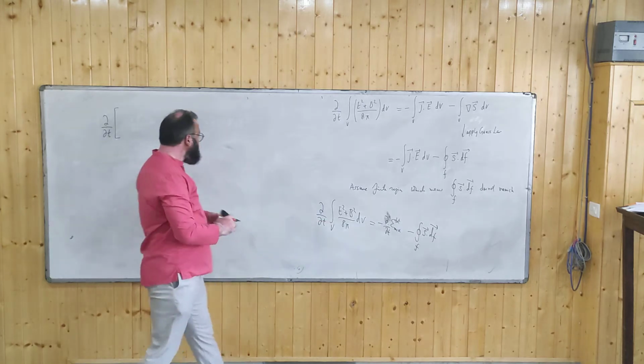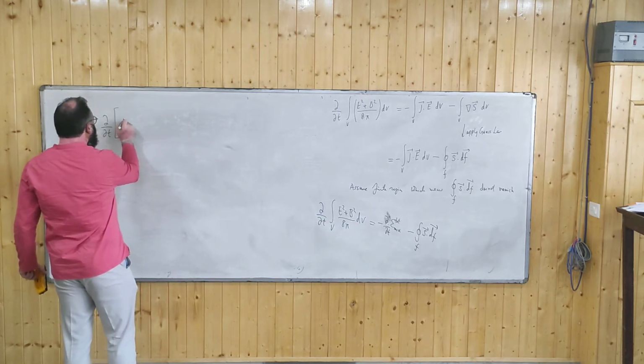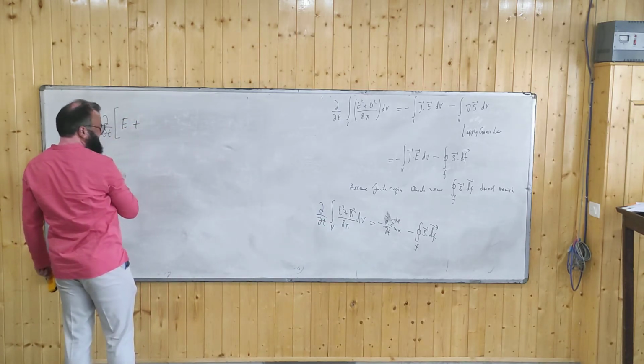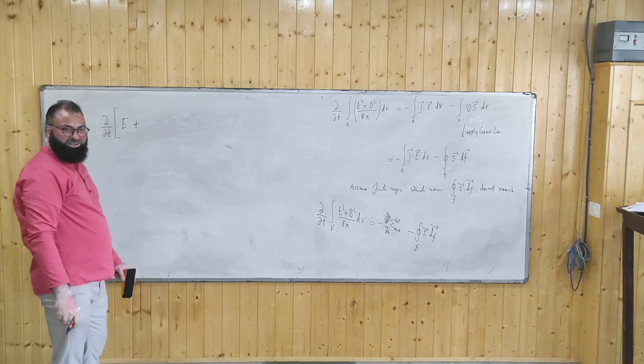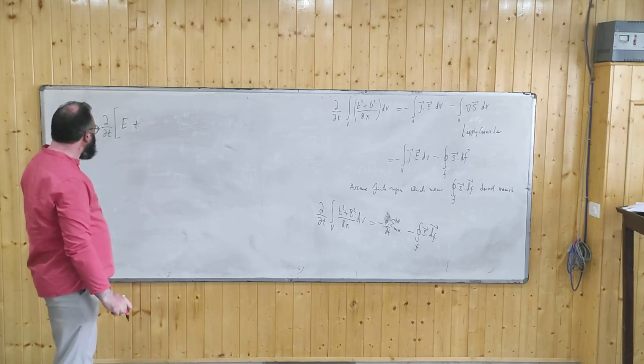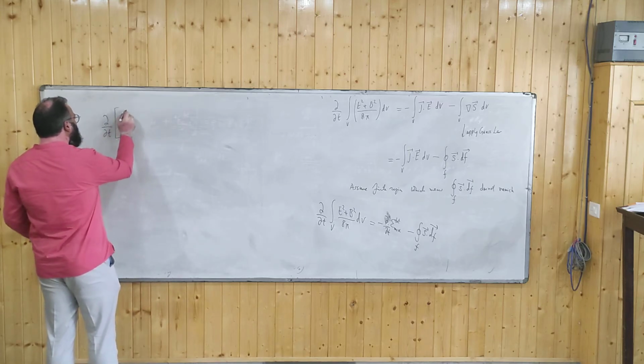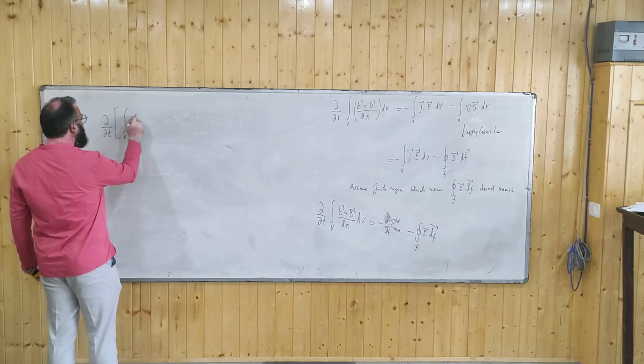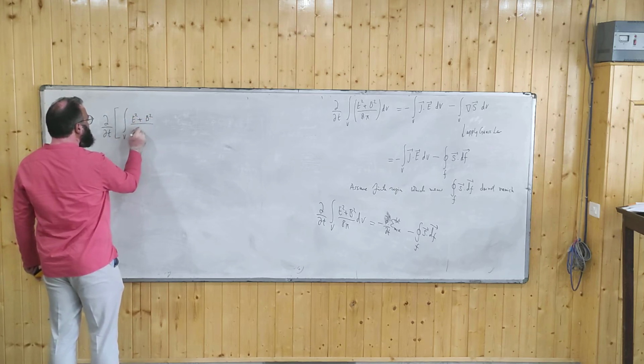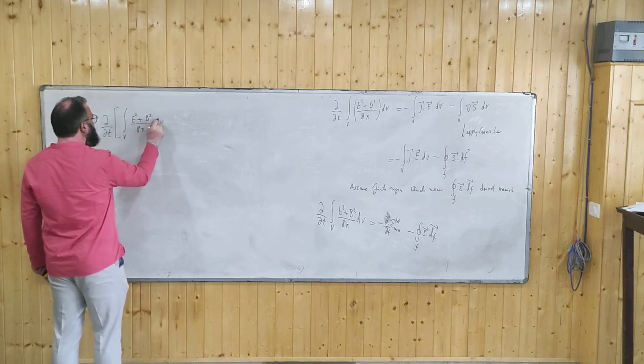Let's write that as E. Since we are using E to be the electric field, I should not use E for this quantity. You should choose some other variable for it.